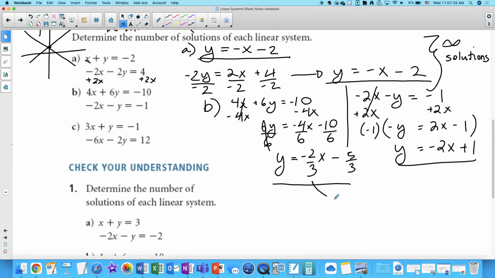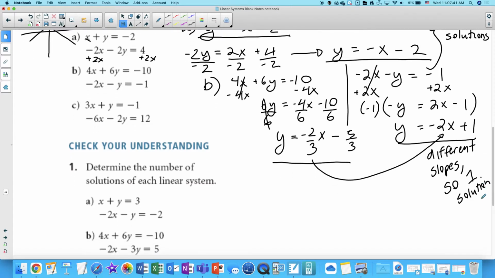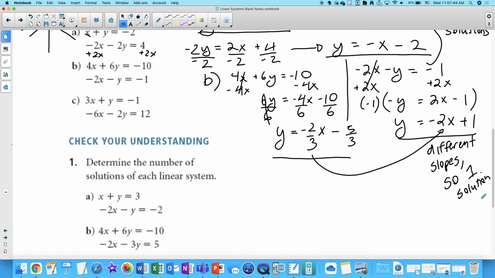So different slopes, so one solution. Okay, and then for C, we have 3x plus y equals 1 and negative 6x minus 2y equals 12.